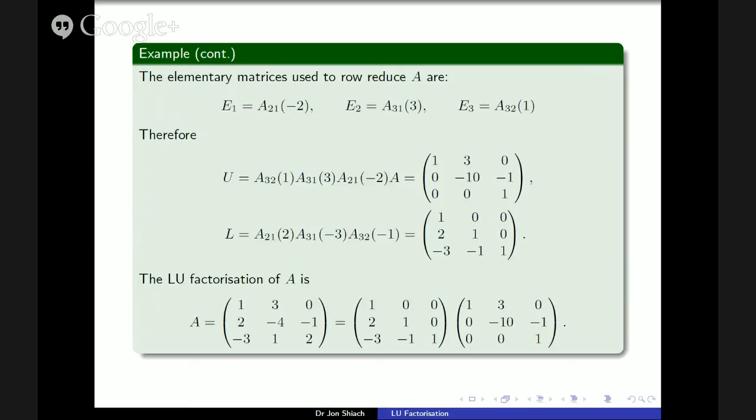Okay, so the reason I write that, even though I calculated U here, I write it out like this because it just makes it easier to then calculate L. So L, okay, so take in reverse order. So I'm going to find the inverse of A21 1, which is A21 minus 1.